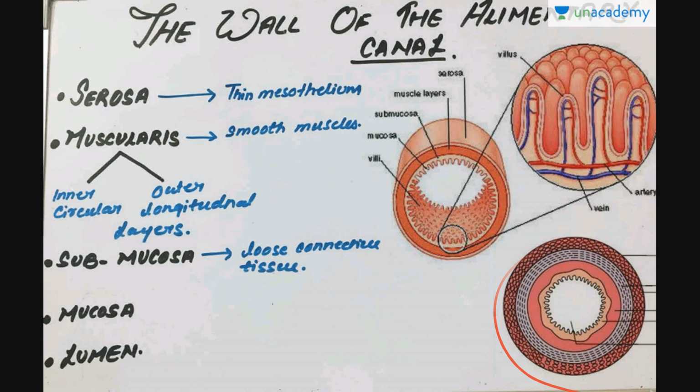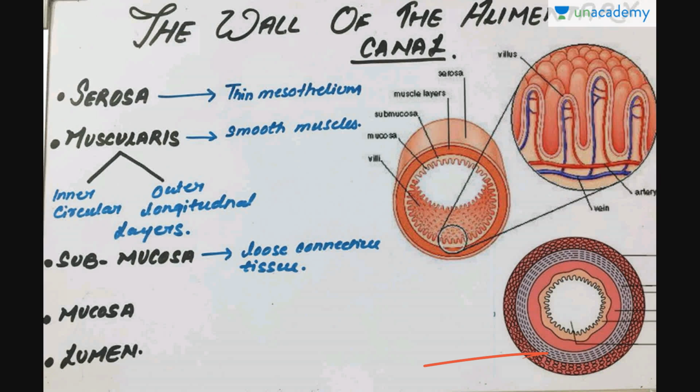Next comes the muscularis, which is formed from smooth muscle, and it is usually arranged into an inner circular and outer longitudinal layer. Also, an oblique muscle layer may be present in some regions.